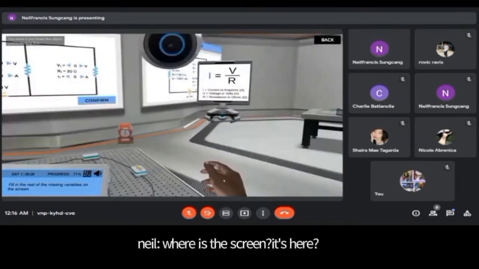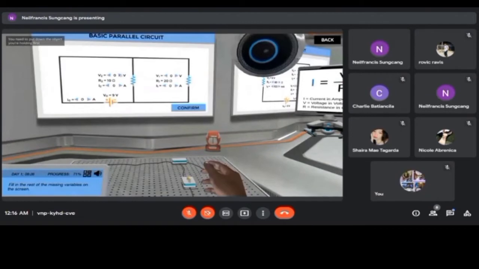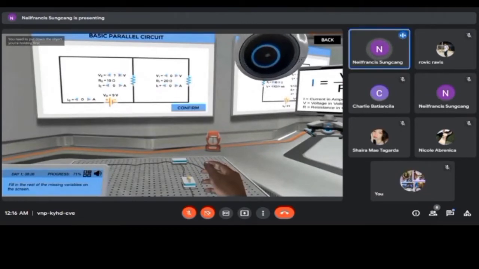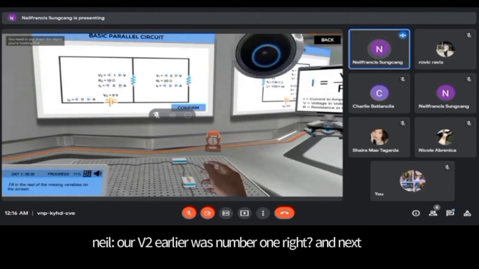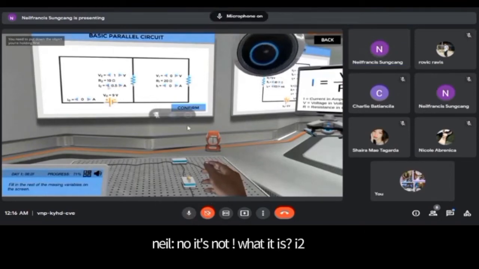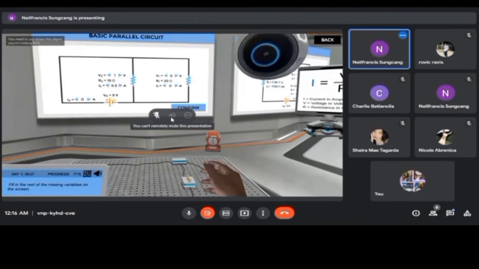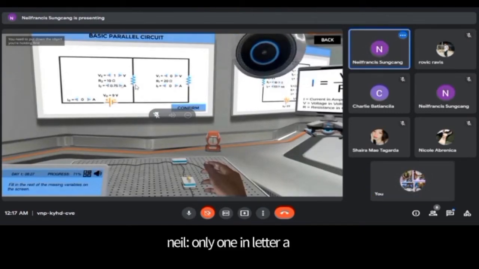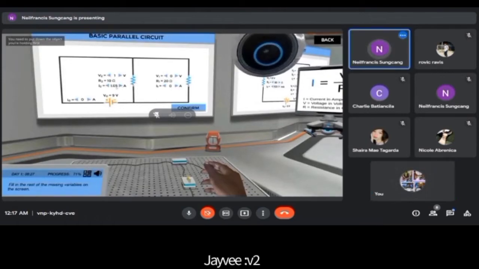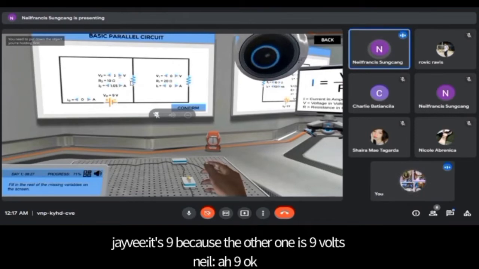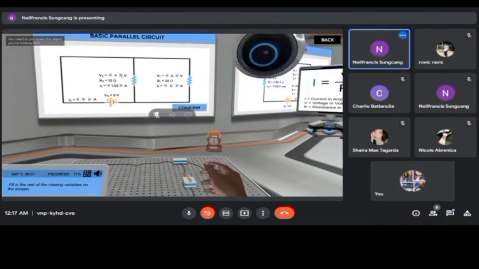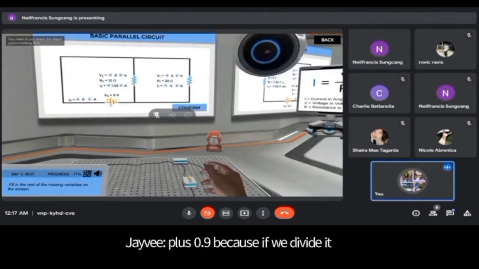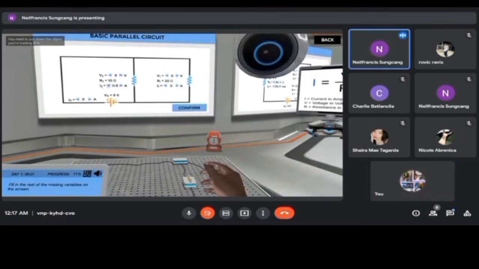Where's the screen? Dito. Yung V2 natin kanina, no, 1. Tapos dito yung 100. Ay, hindi. Ano to? I2? 1 lang. V2? 9, kasi 9 volts. Tapos 0.9, kasi pag dinivide mo, 9 divided by 10.